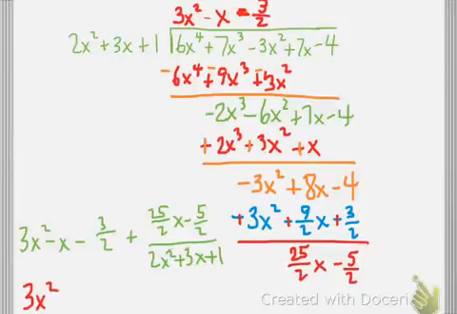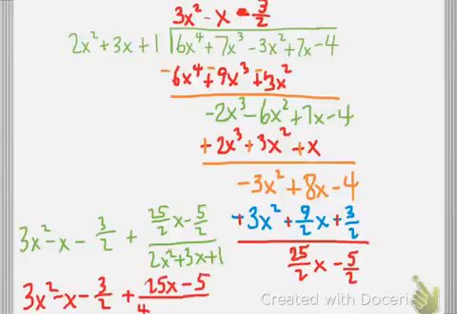So my final answer would be 3x squared minus x minus 3 halves plus 25x minus 5 over 4x squared plus 6x plus 2. So that would be my final answer there.